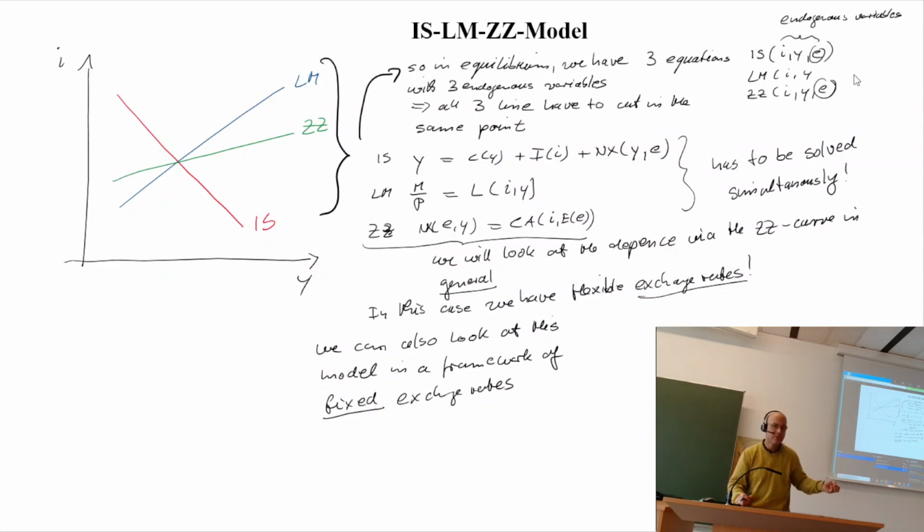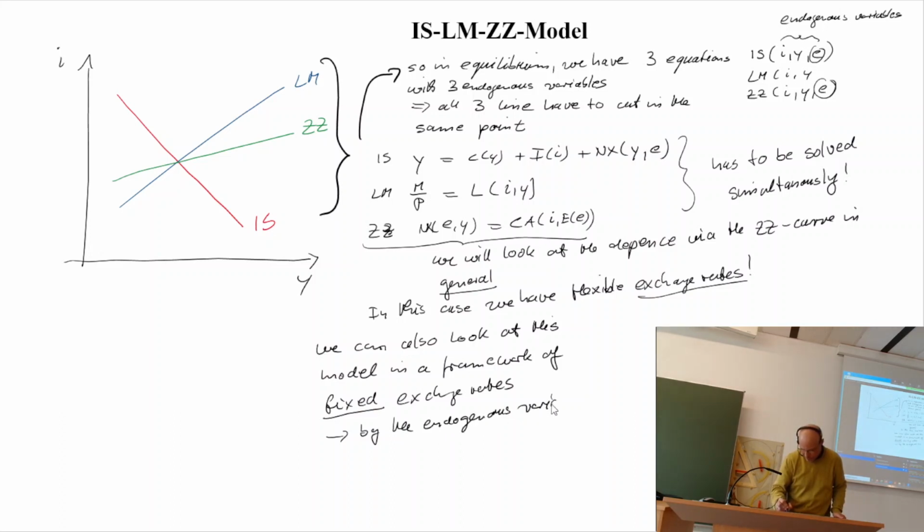If we are prohibited to appreciate, then of course we have to intervene via the central bank, and the central bank has then to adjust the amount of money, and this would mean that among the endogenous variables we have to exchange E with money M.